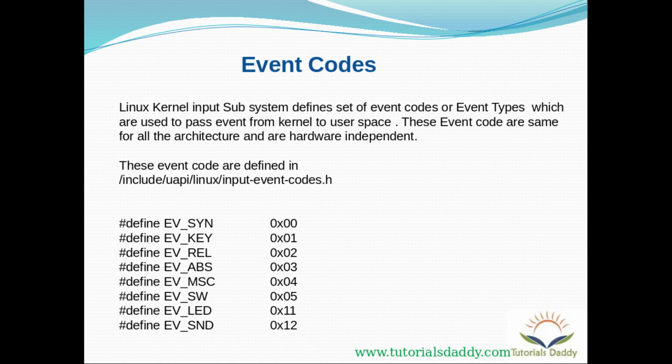We use EV_ABS mostly in touch panels, because in a touch panel we generate exact absolute x and y coordinate values. Then we have EV_MSC for miscellaneous devices, EV_LED for LED devices, and EV_SND for sound devices. So for different devices you have different types of events defined in input event codes.h.